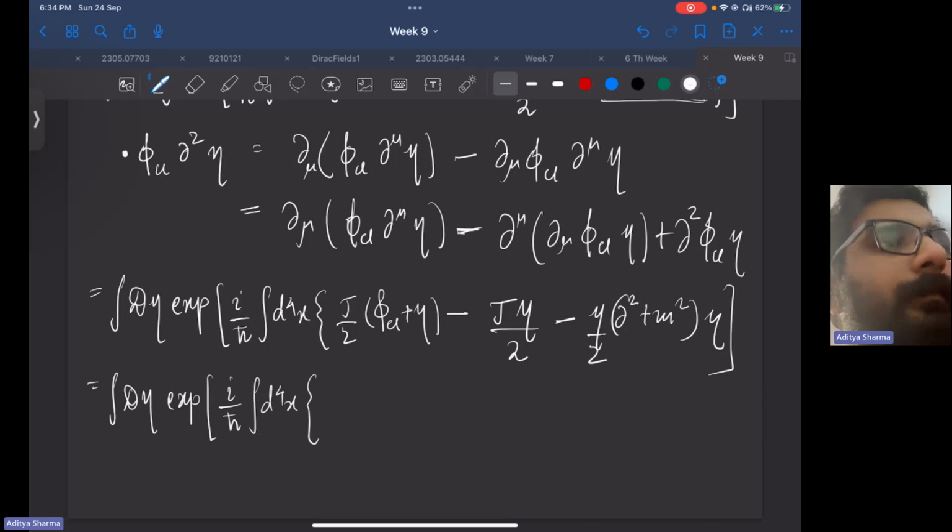So this part cancels, and we're going to have J by 2, phi classical minus eta by 2 del square plus m square.